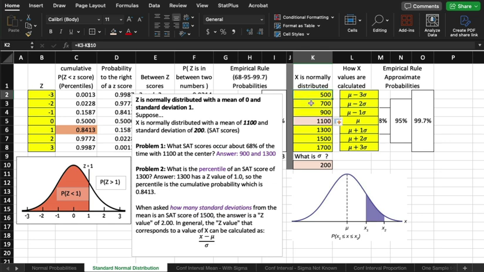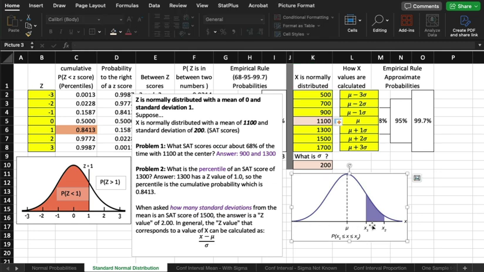So down here on our graph, you could actually fill in those numbers if you wanted to, that are 1 standard deviation, 2 standard deviations, 3 standard deviations away. And you would start with 500, then 700, then 900, then 1100 would be right here in the middle, and then 1300, 1500, 1700. So those are the values of x in this situation.